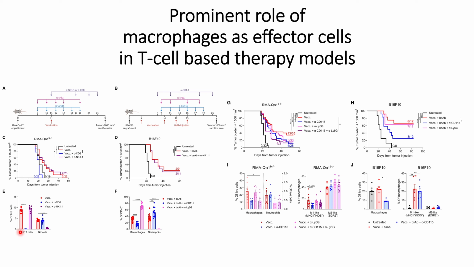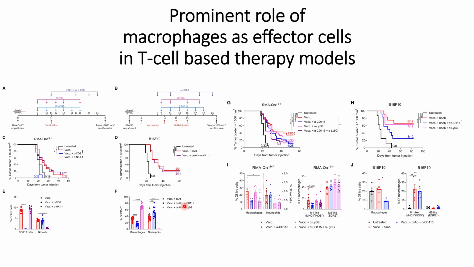For the CD8 plus cells, since they used anti-CD8 plus, they can see a decrease in the CD8 plus cell population, and similar results when they used anti-NK 1.1. For the CD45 plus cells, they also see the same results.